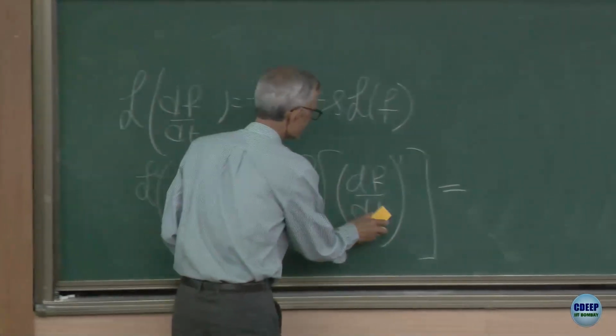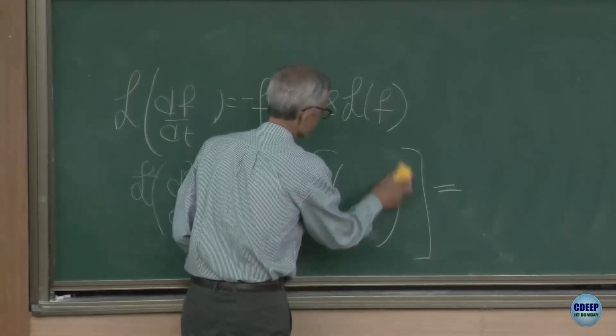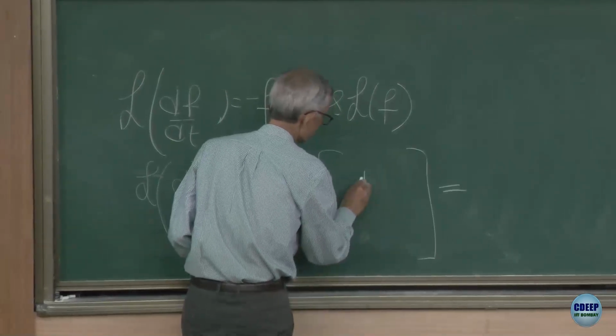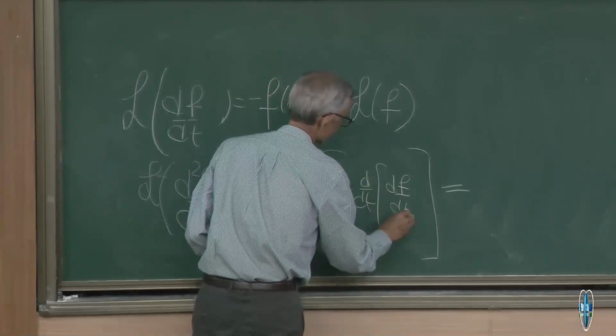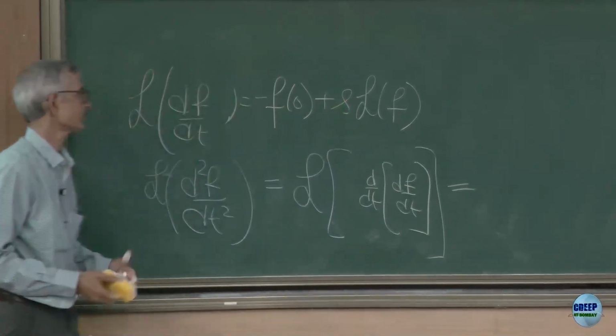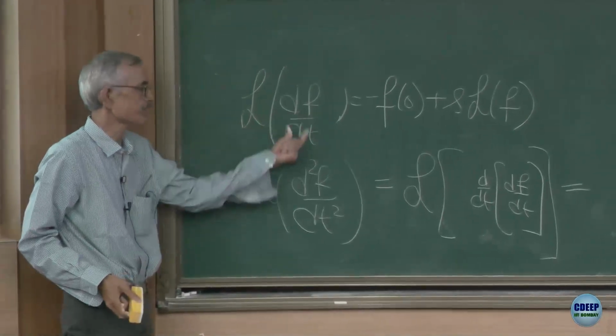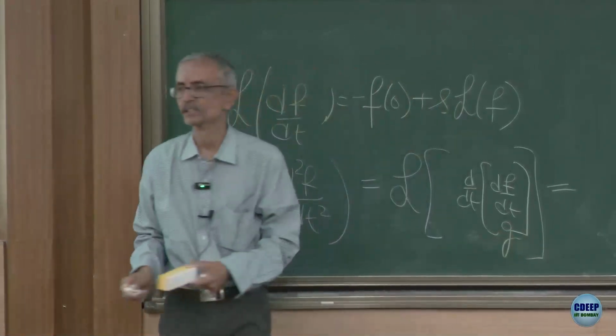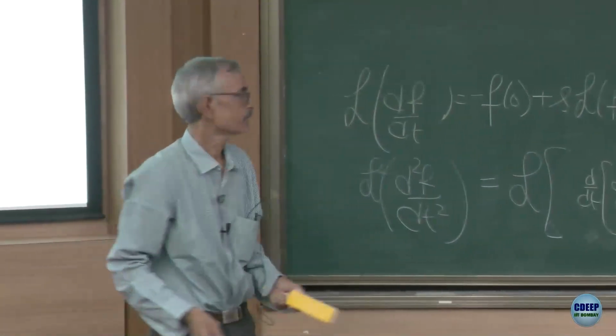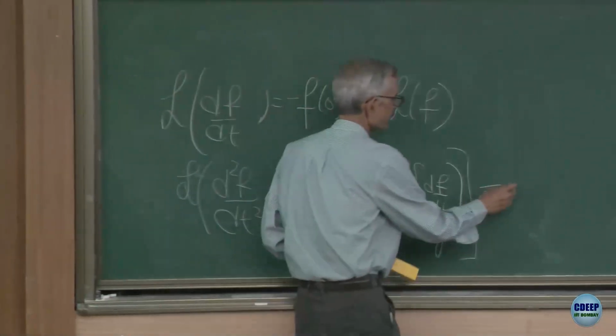Let me call df dt G, if you will. This is d dt of df dt, so it is L of dG dt. Instead of f, now I have got G. That's all there is. So what does this become?